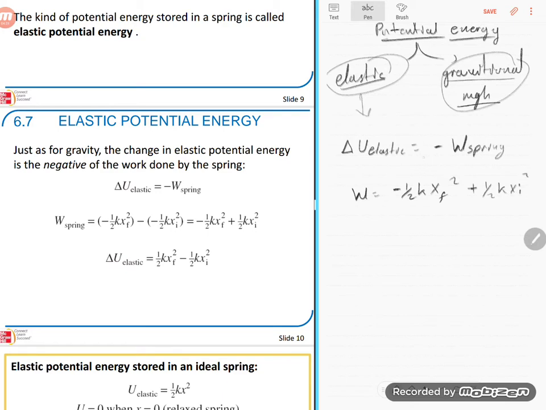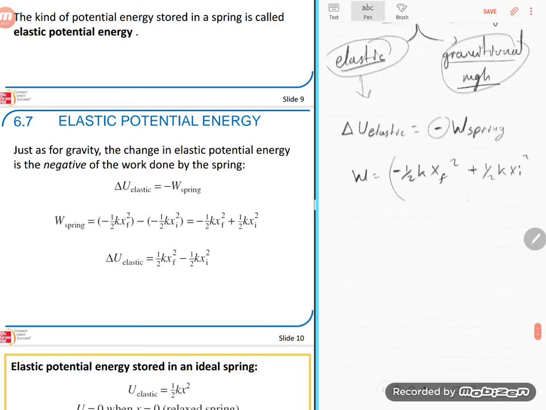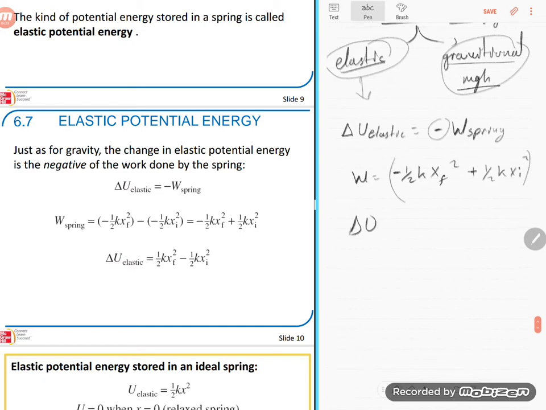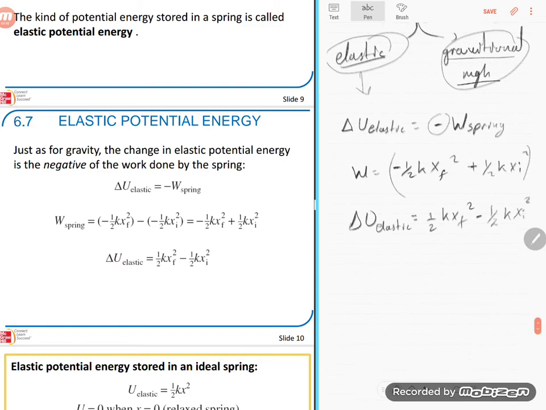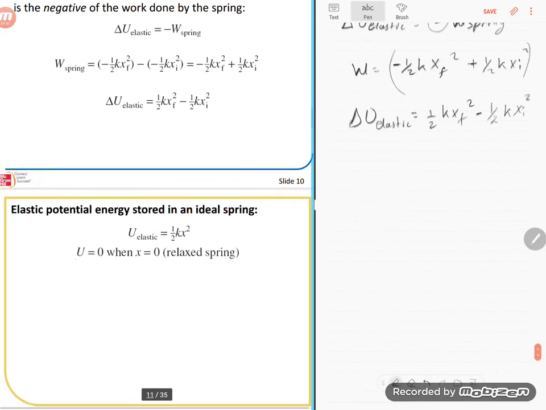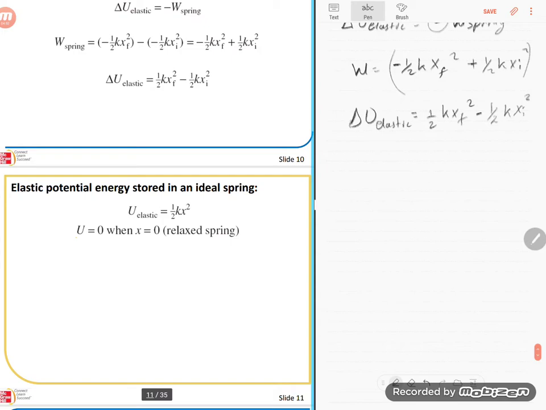But because there is a minus, now we have to multiply it by minus. The formula for elastic potential energy is going to be positive half k x final square minus half k x initial square.